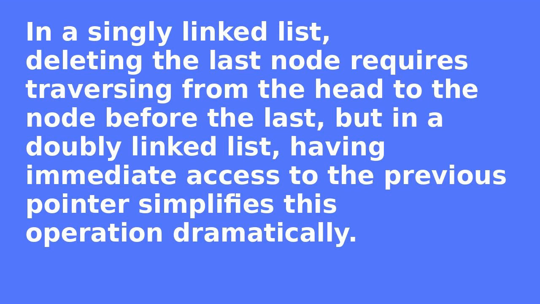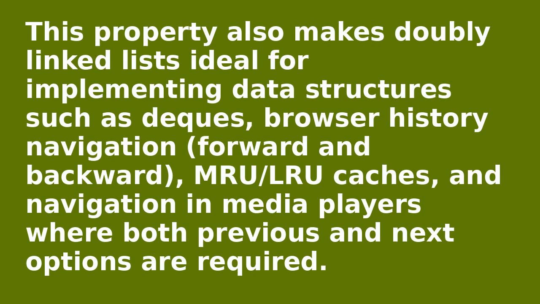But in a doubly linked list, having immediate access to the previous pointer simplifies this operation dramatically. This property also makes doubly linked lists ideal for implementing data structures such as deques, browser history navigation, forward and backward, MRU and LRU caches, and navigation in media players where both previous and next options are required.